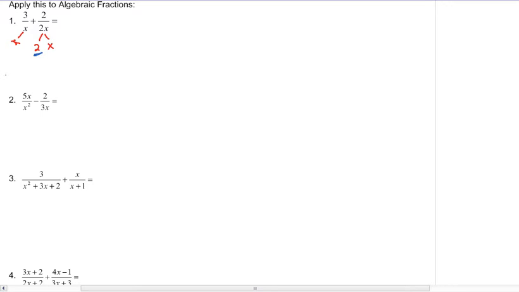The 2 that we have in the second one is not in the first one. So we'll multiply the first fraction by 2 over 2. The second fraction already has both factors, so we'll keep it the same, 2 over 2x.